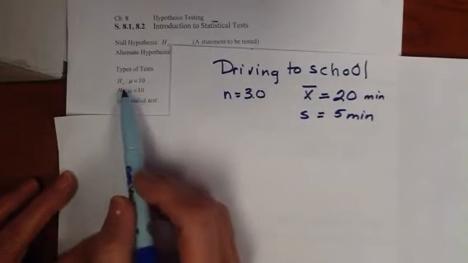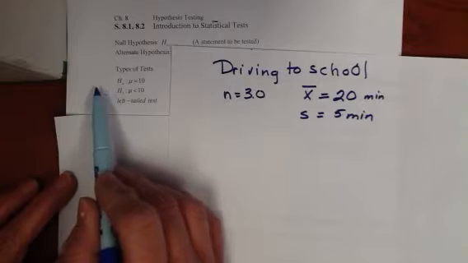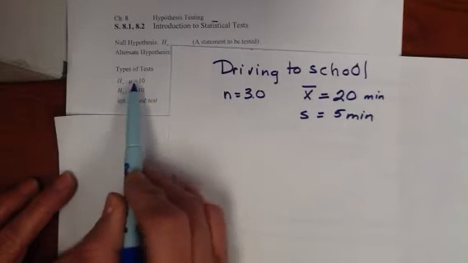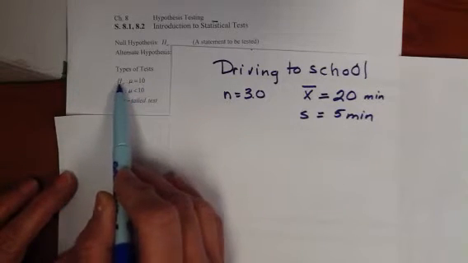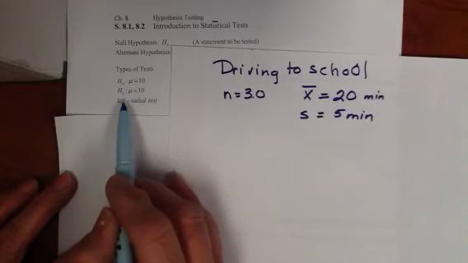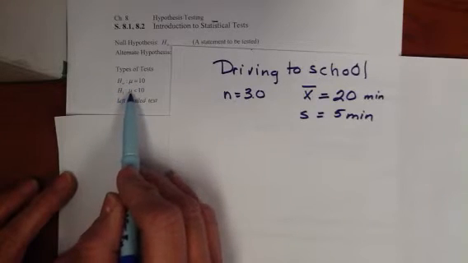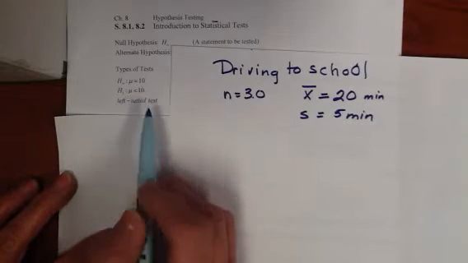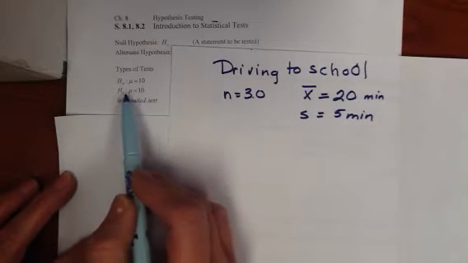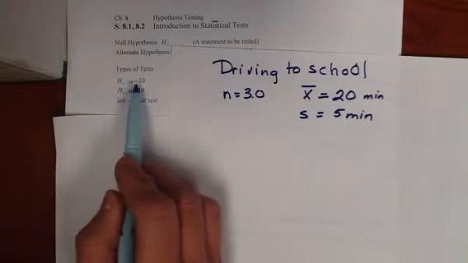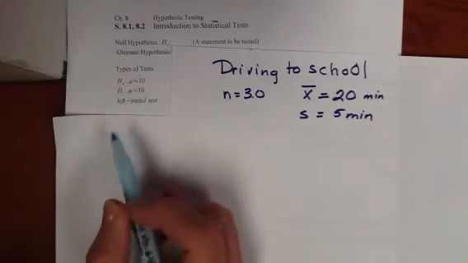One way to do that, we could say our null hypothesis is always what we assume to be true, that H0 is mu is equal to 10. And the alternative I'm testing is that mu, or the average time that all Rhodes State students drive to campus, is less than 10. When we do our hypothesis, the null hypothesis will always have the equal sign in it.